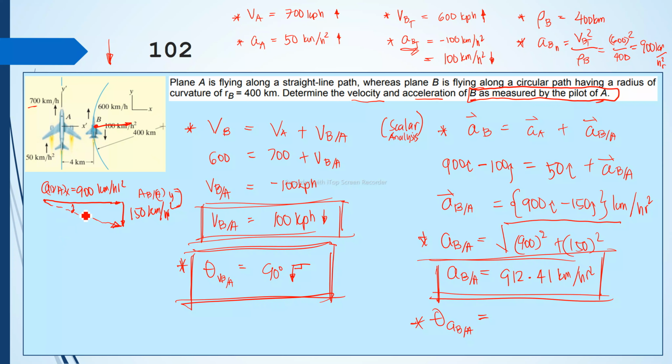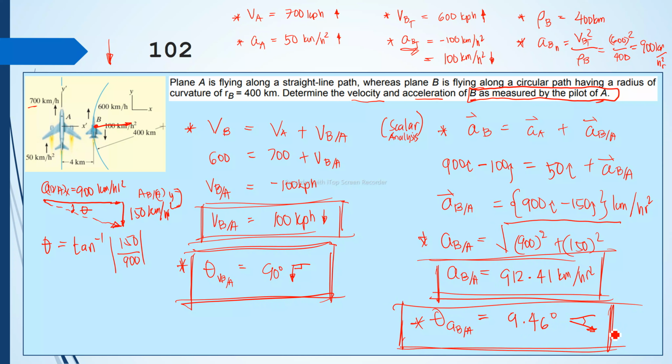So we need to find this theta. That theta is just equal to the tangent inverse of 150 over 900, and that is equal to 9.46 degrees. That will be the direction of the relative acceleration of B with respect to A.